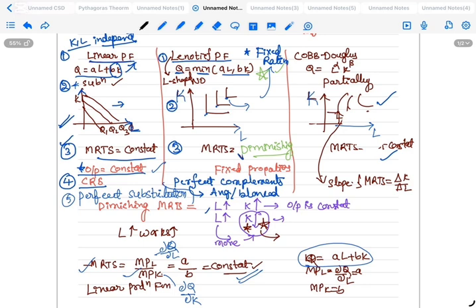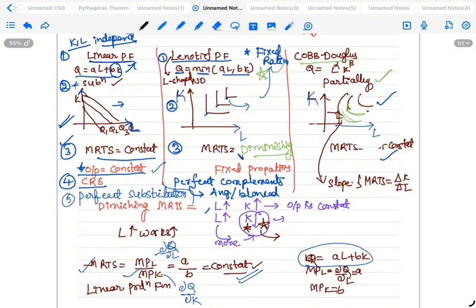Next one is the Cobb-Douglas production function, where the production output Q is in terms of L power alpha, K power beta, that is exponential power functions. Alpha, beta are the elasticities, and here partial substitution is possible. L and K are partially substituted.